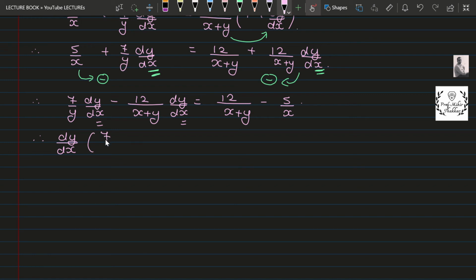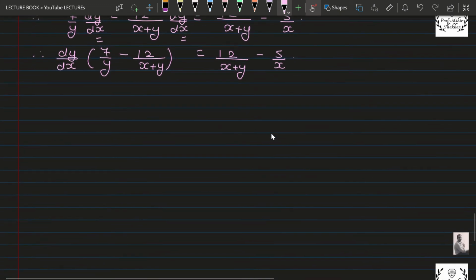and in the bracket 7 by y minus 12 by x plus y is equal to 12 by x plus y. Now on both the sides we have to take LCM.